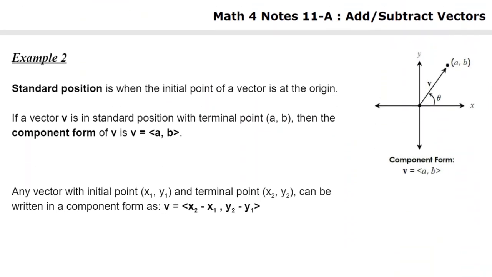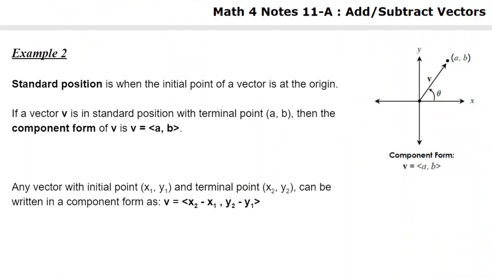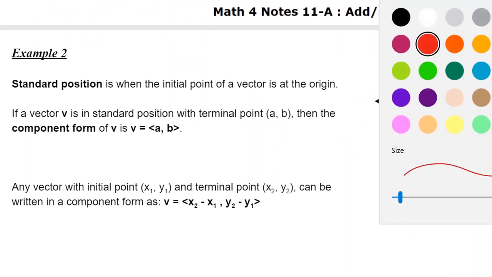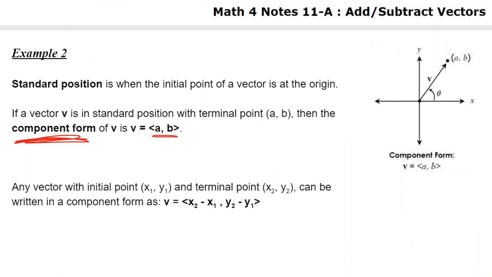Now, when we move on to the next section here, one thing that's going to be really important is the term component form, and that's what it's going to look like. Basically, in order to do my vector, it tells me how much to move on x and how much to move on y. Now, the thing we have to be careful of is that this is not an ordered pair like x, y.